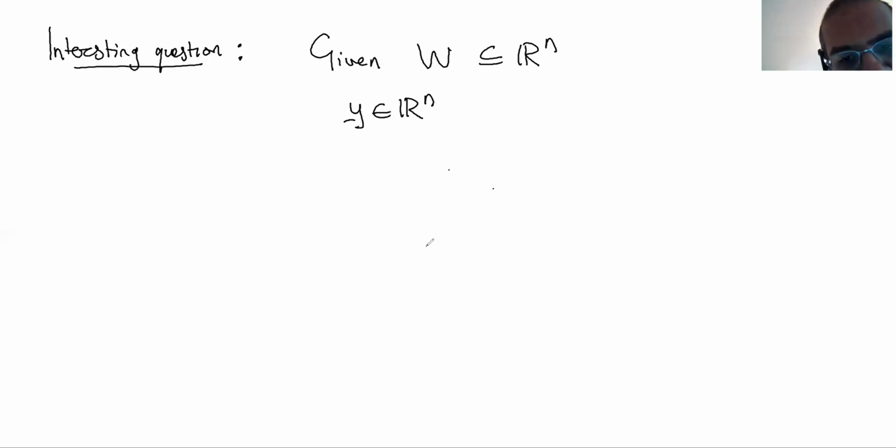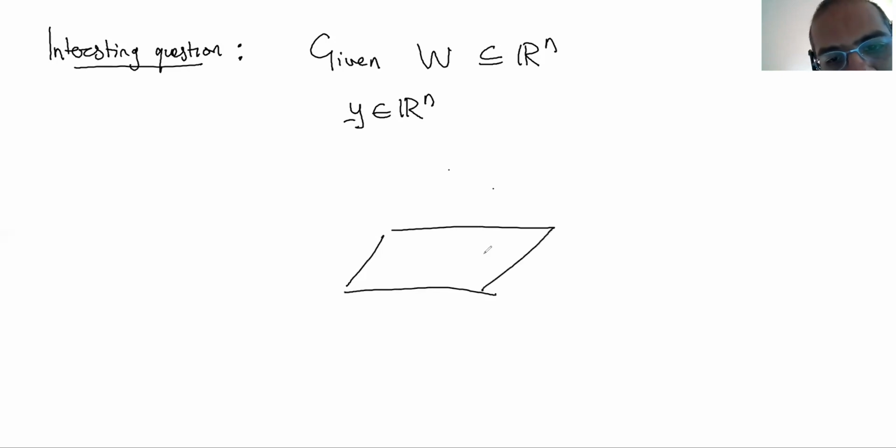The picture looks like this. I have a subspace W of Rn. Its orthogonal complement is W perp. I'm just drawing it as a line because we'll talk about the dimensions of these subspaces later, but you can't draw two-dimensional things that are orthogonal in R3. But this is the picture.